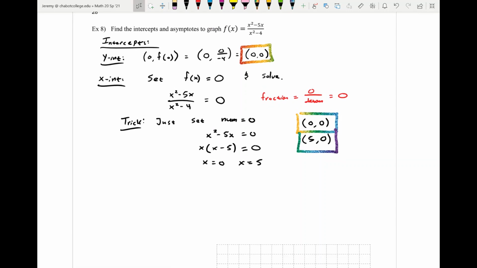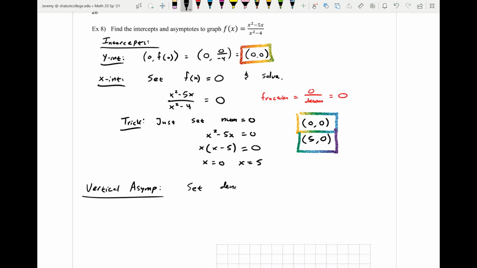So now let's talk about asymptotes. Let's start with vertical asymptotes. I get these by setting the denominator equal to 0 and solving.